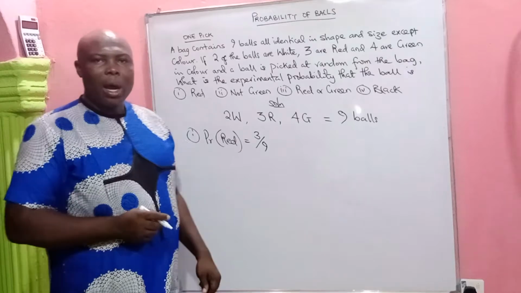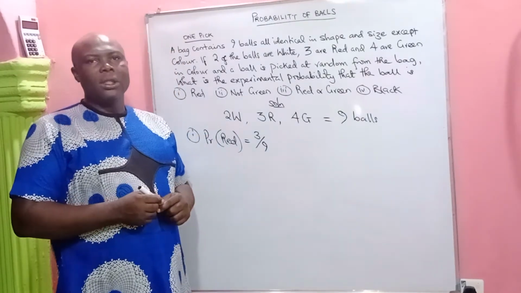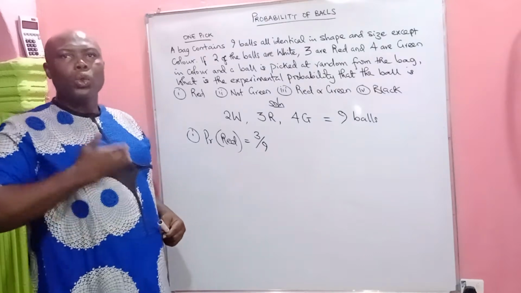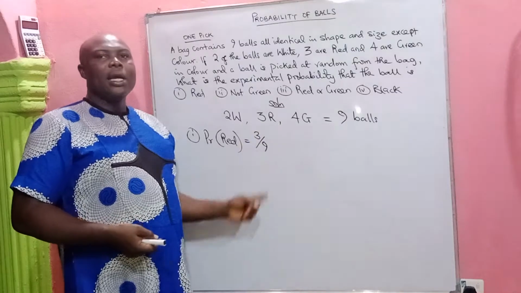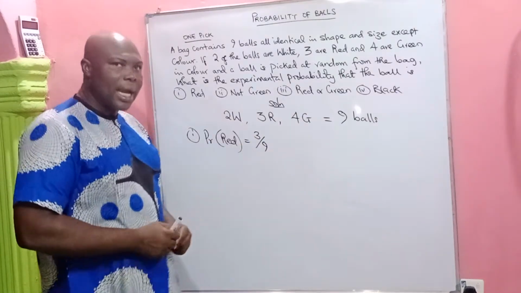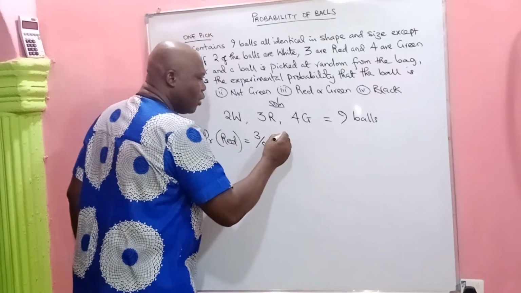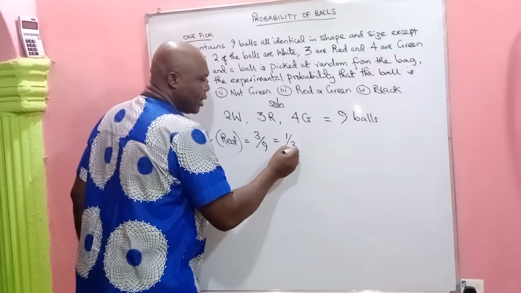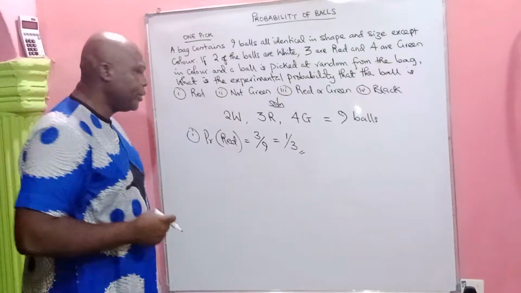Remember that the probability of an event is equal to the number of required outcomes divided by the number of total outcomes. So the required outcomes is the red ball, which is 3, and the total outcomes is the total number of balls, which is 9. All right, so we reduce the fraction to the lowest term. 3 into 3, 1, and 3 into 9, 3 times. So it means the probability of picking a red ball is 1 over 3.